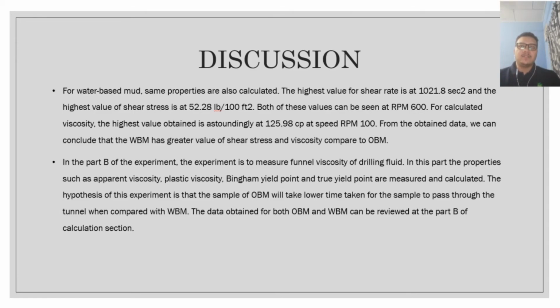For calculated viscosity, the highest value obtained is astoundingly 121.98 cP, at a speed of 100 rpm. So from the data we obtained, we can conclude that the water-based mud has greater values of shear stress and viscosity compared to oil-based mud.